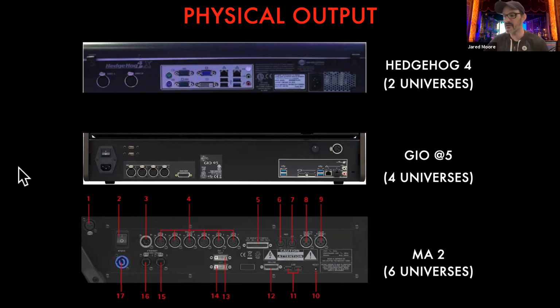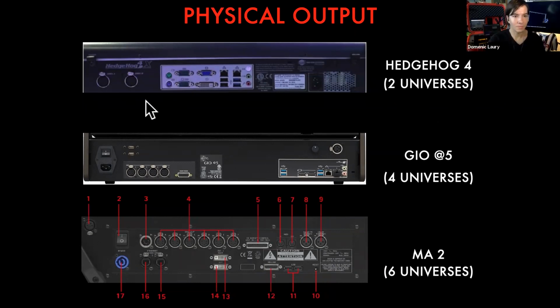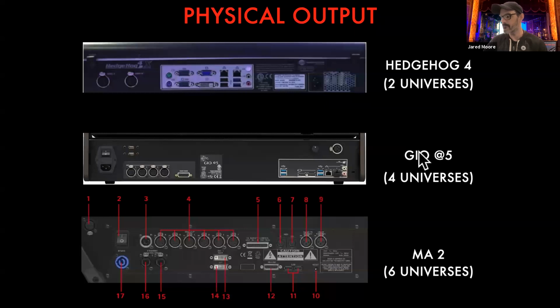But as you can see here for physical outputs, just a couple of examples. The Hedgehog 4, which is from High End Systems, has two physical outputs here, two universes. The Gio lighting console from ETC has four universes, and these have the 5-pin XLR DMX outputs, which we've talked about a lot before.